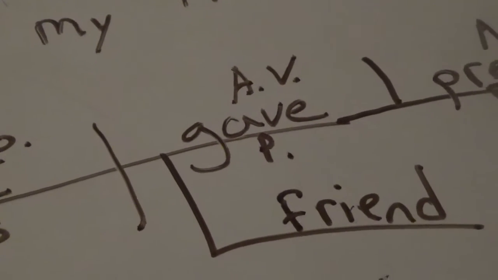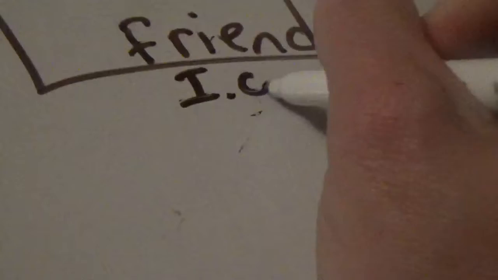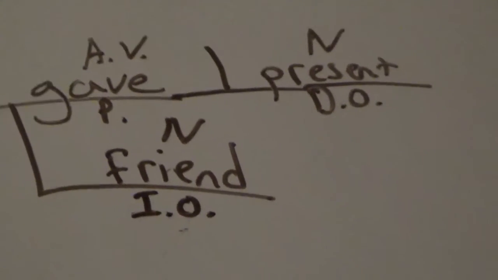Because we might say, I gave a present to my friend, right? And an indirect object is just like when you're missing the to or the for. So you just write friend, it's the indirect object. We're going to put IO underneath it, and it's a noun. All indirect objects will be a noun or a pronoun.